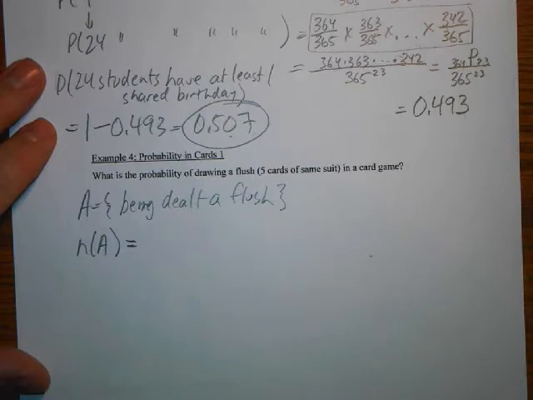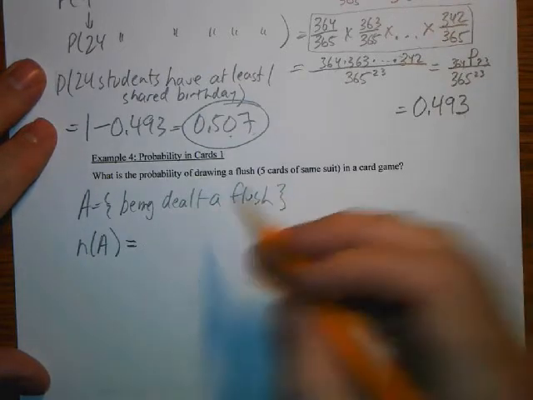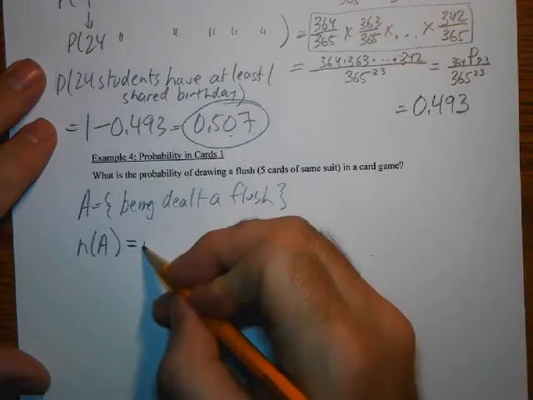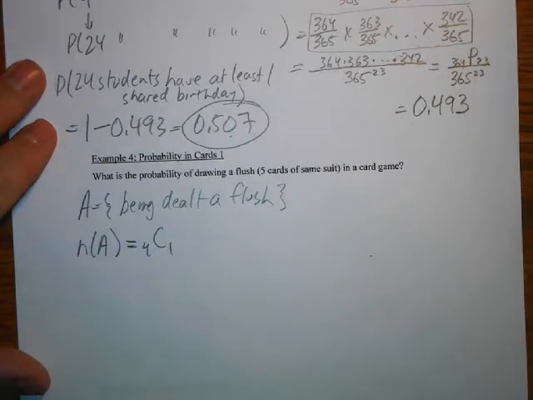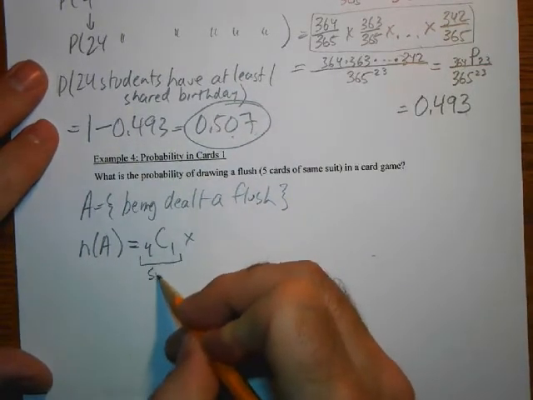So I actually have to choose the suit because, well, you'll see it in a second. So to choose the suit, I've got 4 suits to choose from, and I'm going to choose one. So 4 choose 1. So that gets me the suit.